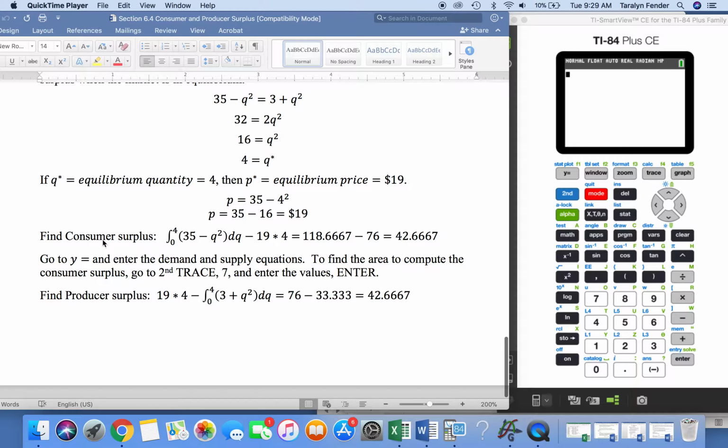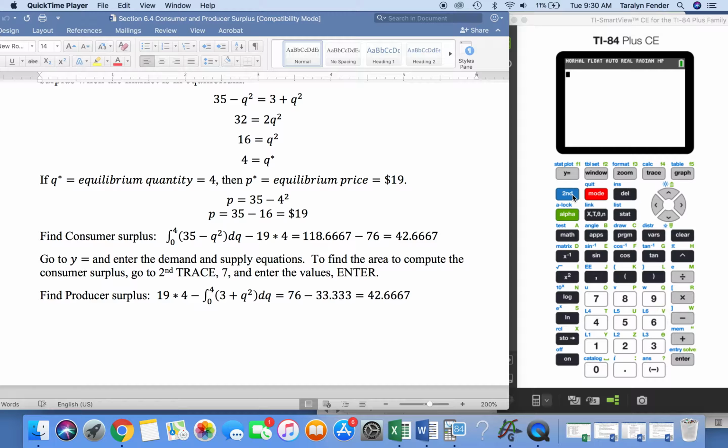So now we have to use the integral from 0 to 4 of the demand equation and of the supply equation. Let me show you how to put that into the calculator. That calculates our area, which is this, minus 76. So then we have an area of 42.667.